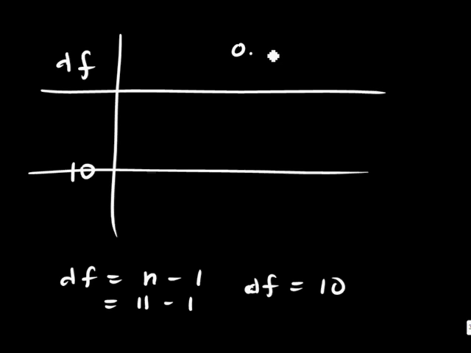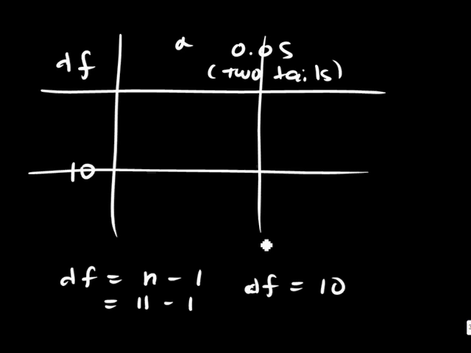And since we have a two-tail hypothesis test, we will look for 5% two tails. We see 2.228 in the 10th row, 5% two-tail column. 2.228. This is our critical value.